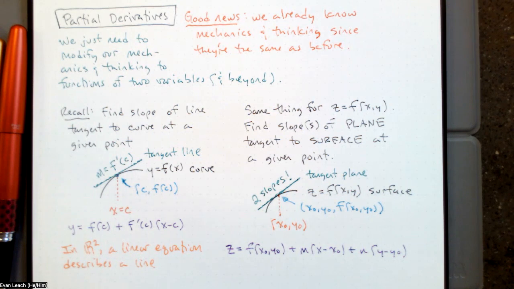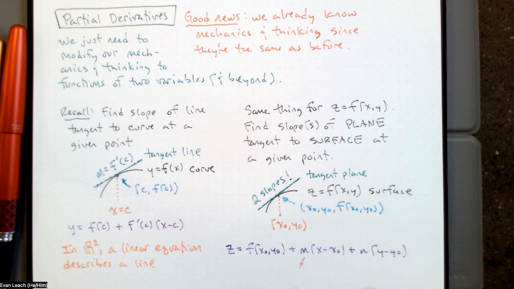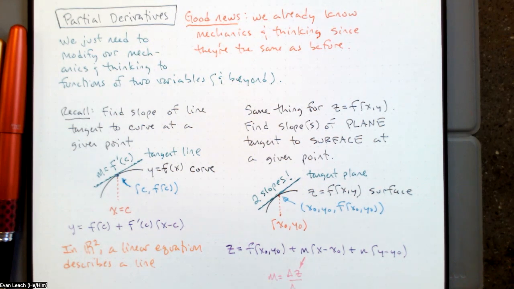M is telling us how z is changing in the x direction. So m is the change in z divided by the change in x, and n is the change in z divided by the change in y.